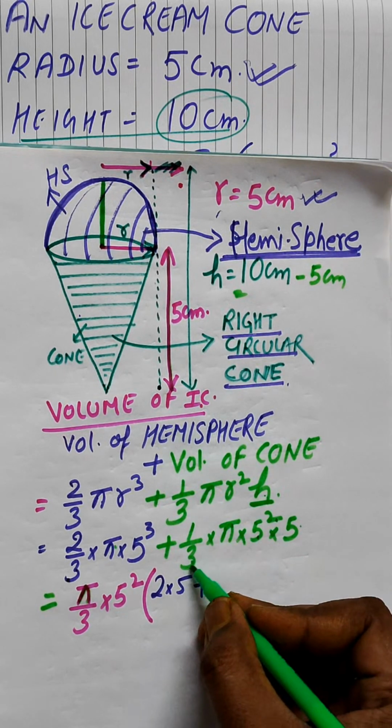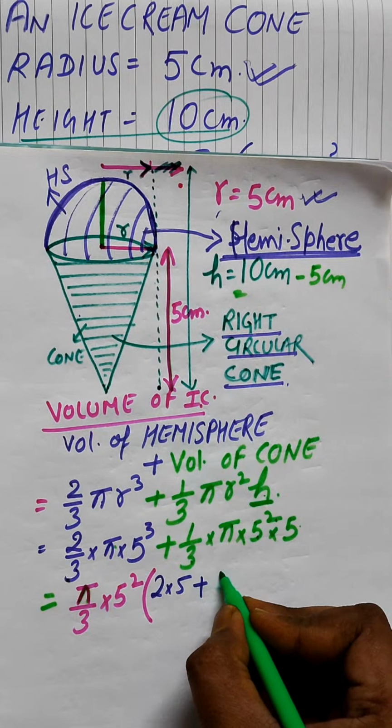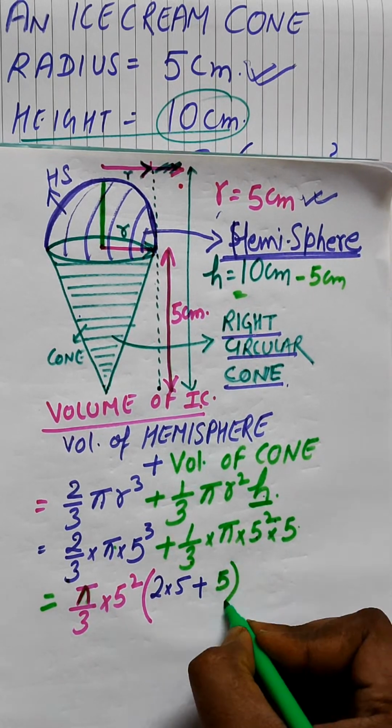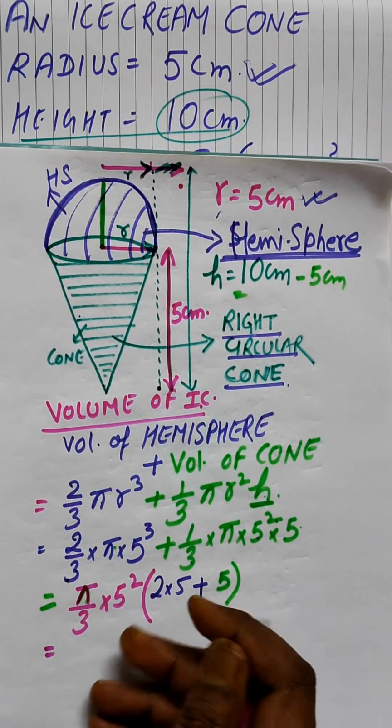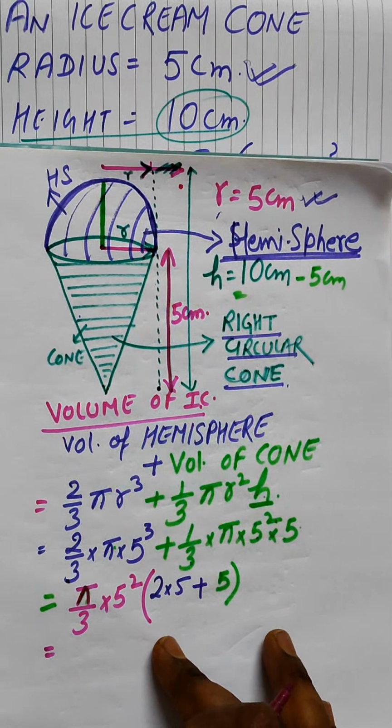Pi by 3 into 5 square is taken common, we are left with only 5, right? So just solve it. This will give you this. I am just calculating the total volume.